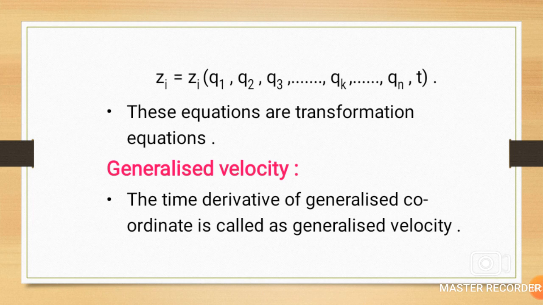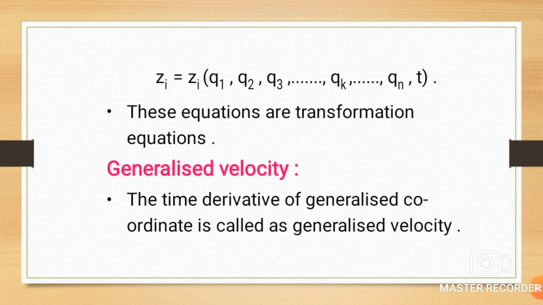Now this is the generalized coordinate. Also we have the generalized velocity. The time derivative of the generalized coordinate is called the generalized velocity. If we take the time derivative of the generalized coordinates, suppose q1, q2, q3, q4 up to qn, which all help us to describe the system, and we take the derivative of these coordinates with respect to time, then we get the generalized velocity.